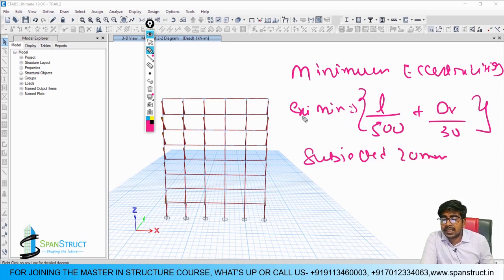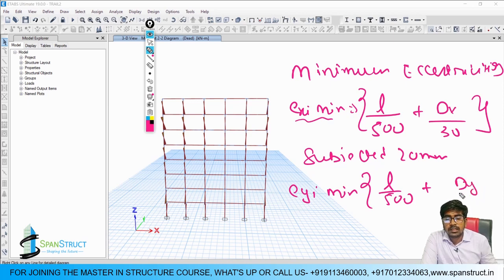So this is the case for one direction. The same should be followed for the other direction also. The same formula applies, only you need to change the dimension here, again subjected to 20 mm.